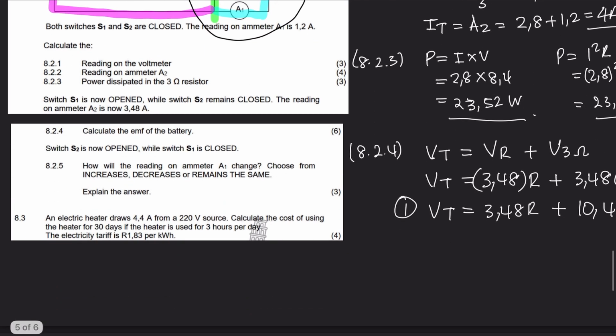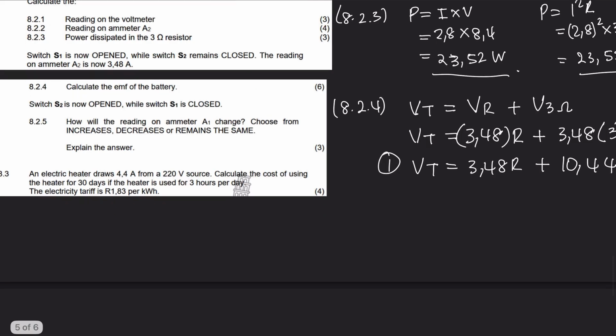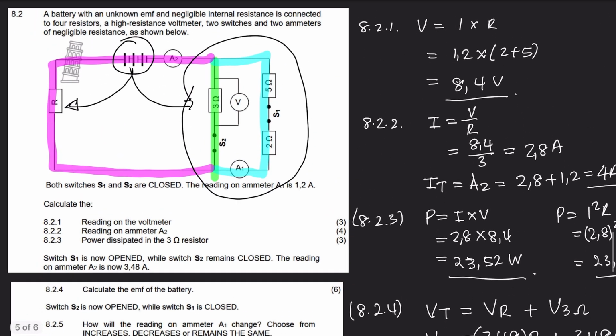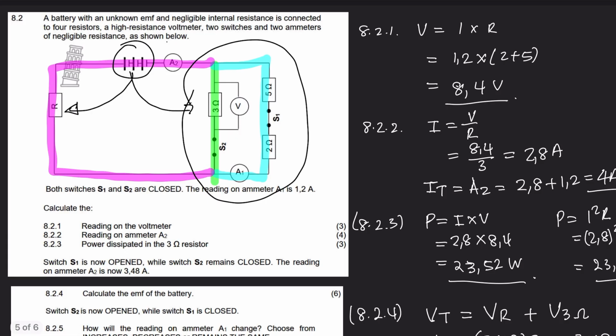So what we can do is we can say for equation number 2, we can say that Vt is equal to VR, so the voltage that's being used up by R, plus V that's being used up in the parallel combination. Now before the change was made, we knew the current was 4 amperes, right?